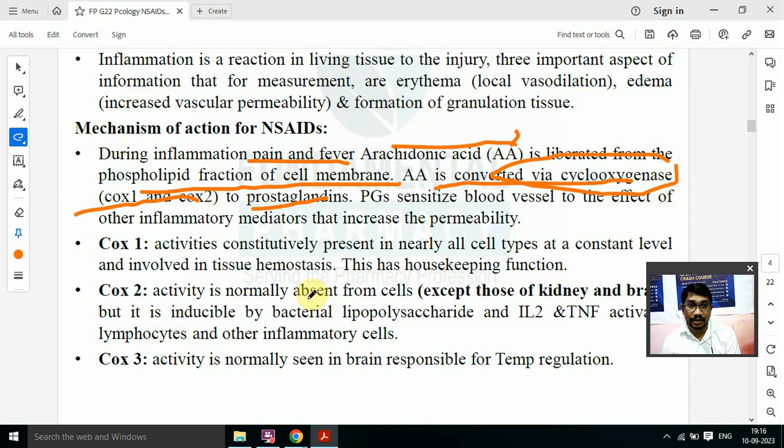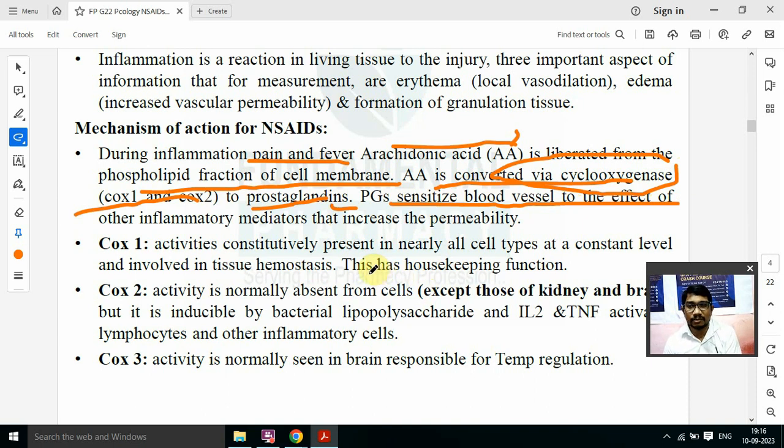Now, there is an increased production of prostaglandins. These prostaglandins will sensitize the blood vessels and increase their permeability, ताकि अंदर का जो फ्लूइड है वो बाहर आ जाए. Blood cells नहीं आते, लेकिन बाकी प्लाज्मा कंपाउंड will leak from the blood vessel.